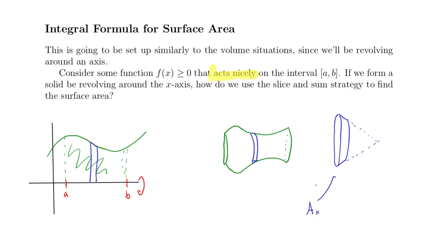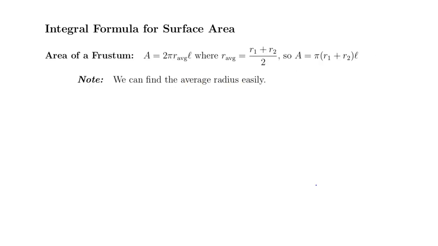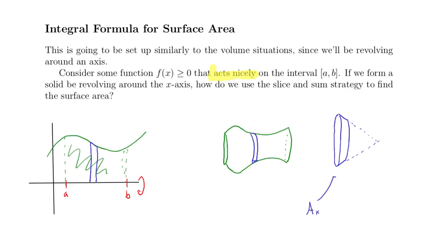So to do that, we're going to have to talk a little bit about that shape, see how it goes, and it's going to turn out to be really similar to a cylinder. We're just going to have to be careful about one thing. So that shape is called a frustum, and this is the area formula if you look it up. It's 2 pi times the average radius times the length of that diagonal. So L in this case is this here.